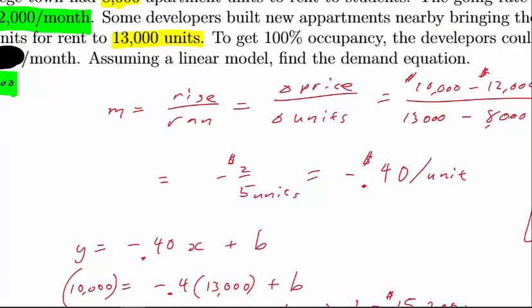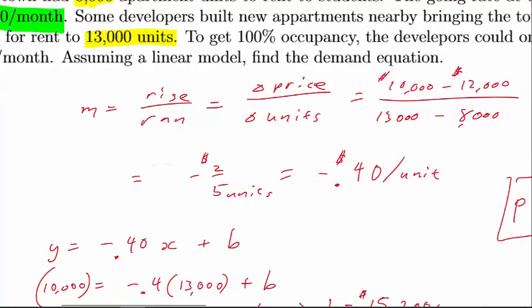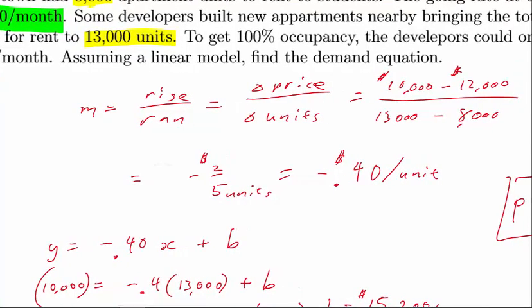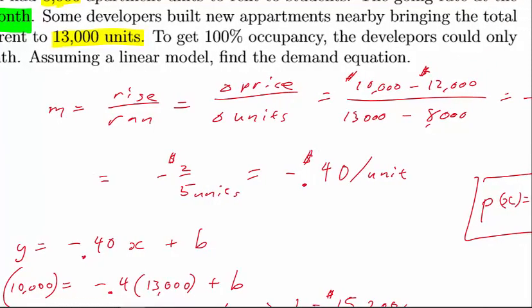Alright, so slope, again, slope is always going to be rise over run. What the rise and the run are will vary depending on the example you're working with. Here, rise is the change in price that a student is willing to spend, and the run is the number of units available for sale.